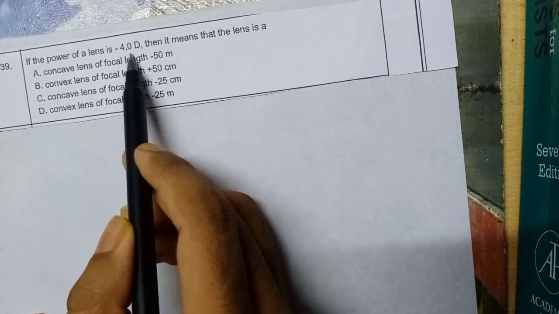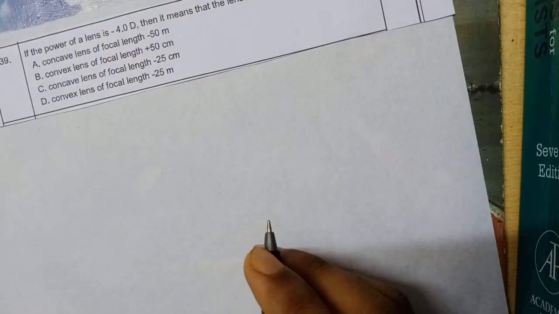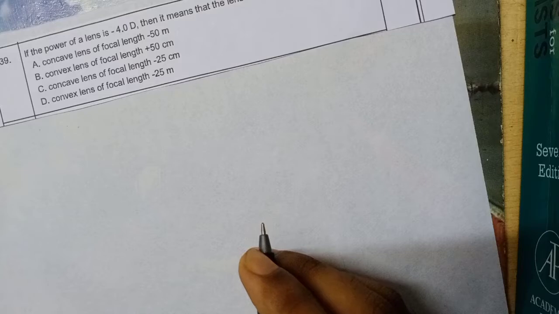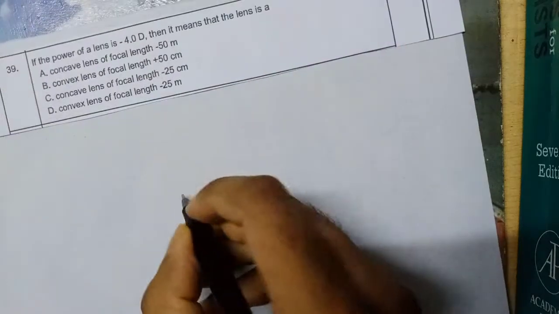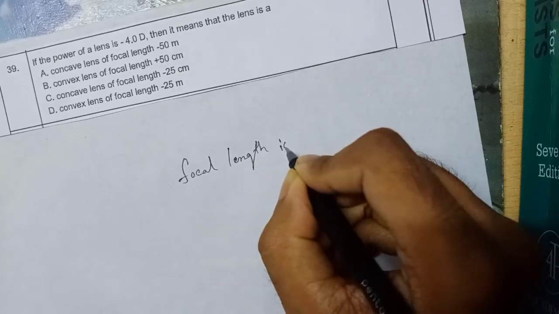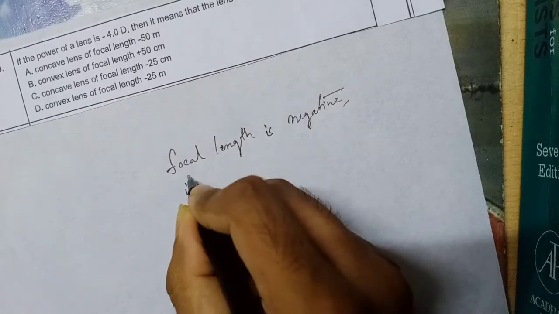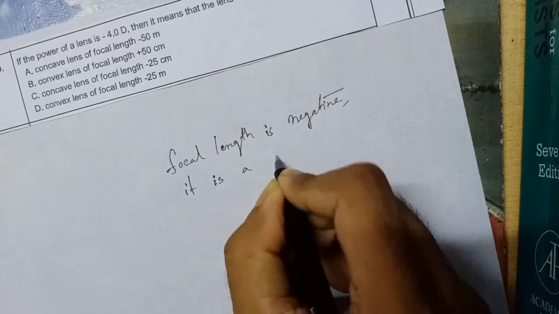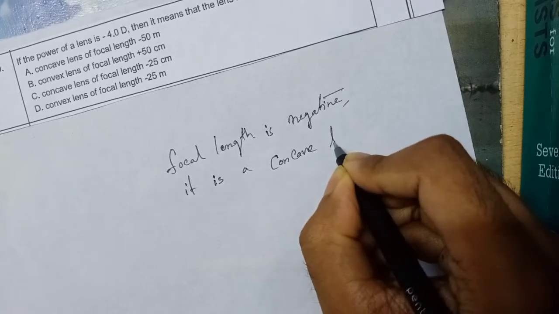If the power of a lens is -4 diopter, then it means that the lens is a... Now, first of all, let me tell you that negative focal length means it is a concave lens. Now, when focal length is negative, it is a concave lens.